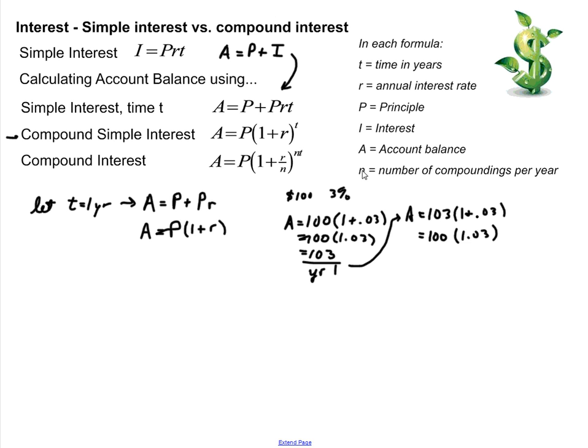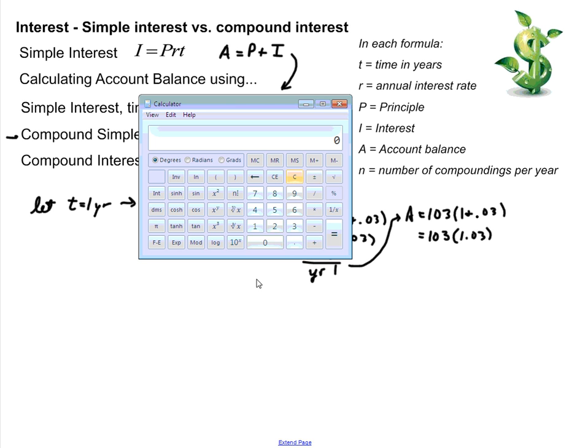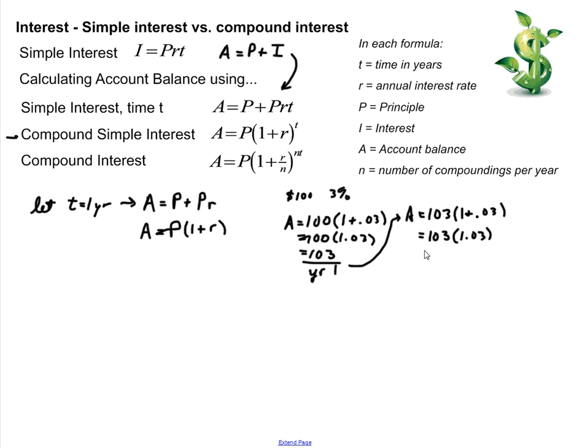Let me keep it simple right here. It's $103 times 1.03 again, and we're just multiplying by 1.03 each time we do this. If we take 103 times 1.03, we get 106.09. So in this next year, we would have a total of $106.09, and then we would roll that over again for year three.